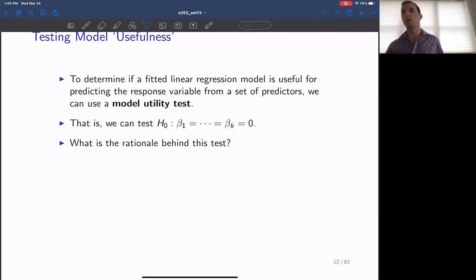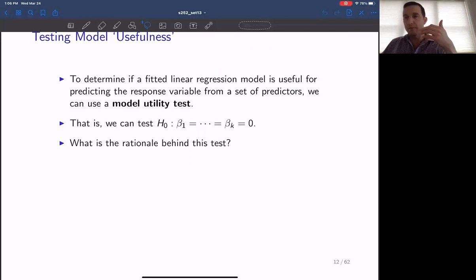You might recall that in the simple linear regression case, we had yi is equal to beta 0 plus beta 1x. Beta 1 is the slope that relates y to x. We tested if there's any evidence that beta 1 is equal to 0. If we were able to reject the null, this implied that there was a value that linearly linked the response to the explanatory value.